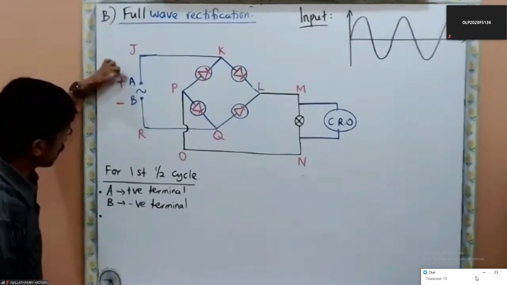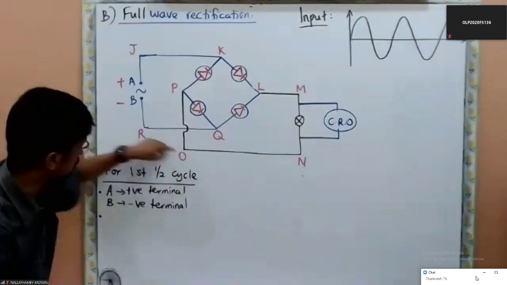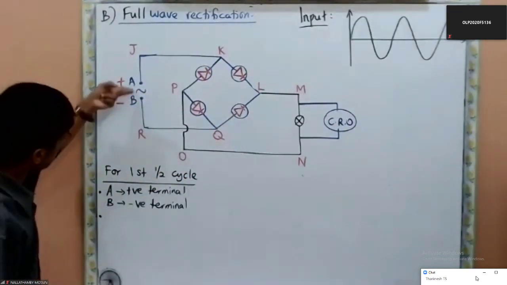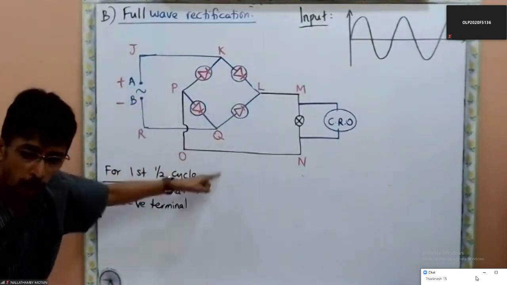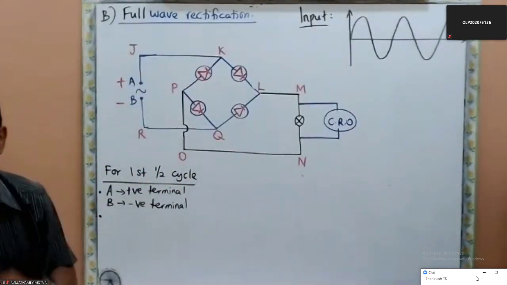The current starts from A, must flow through the diode, must flow through the load, must come back to here. It cannot flow through the diode a second time. Then when the terminals change, current flows from B through the diode, through the load, then must end at A.